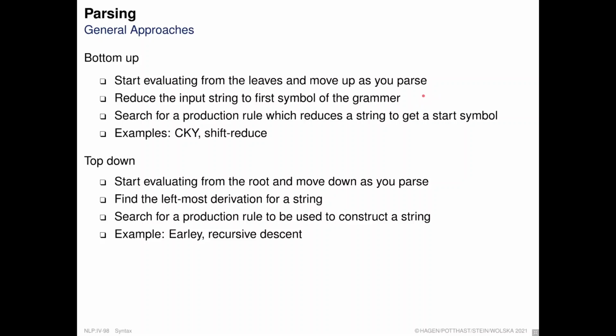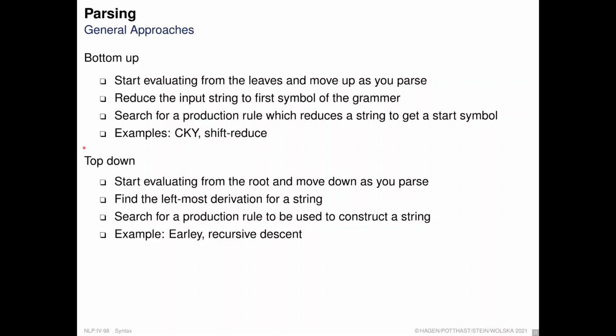So by putting together the leaves, we want to put together a structure that in the end forms the start symbol. In the case of natural language sentences, this will be the sentence symbol. So we search for production rules in general, which reduce a string to that start symbol. We already saw one example, CKY, for phrase structure parsing, and today we'll talk about shift-reduce parsing for dependency trees.